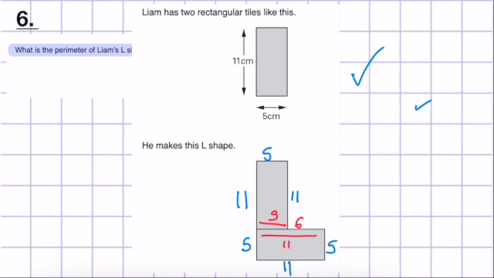Now I know the measurement of each part. What I need to do now is add them up. And I need to be clever and strategic about how I add them up, because I could make a mess here and I could get confused. So first off, I'm going to look at, are there any sides that are the same? Yeah, there are.